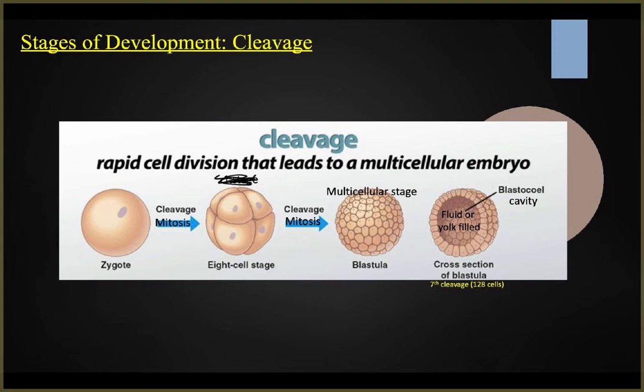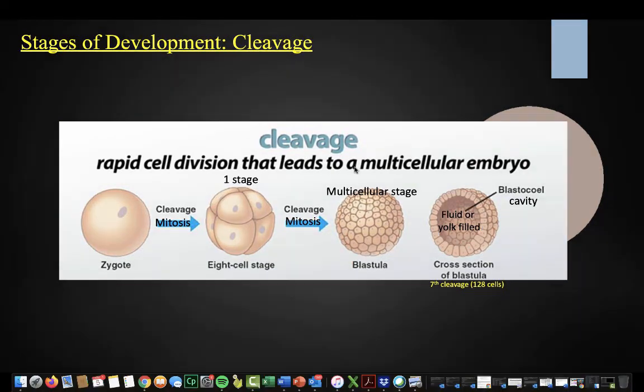And then over time, it will create a blastula, which is a multicellular stage that has a ton of cells. And these 128 cells essentially will have the blastocyst cavity, which is that inside area that's actually filled with either fluid or yolk.